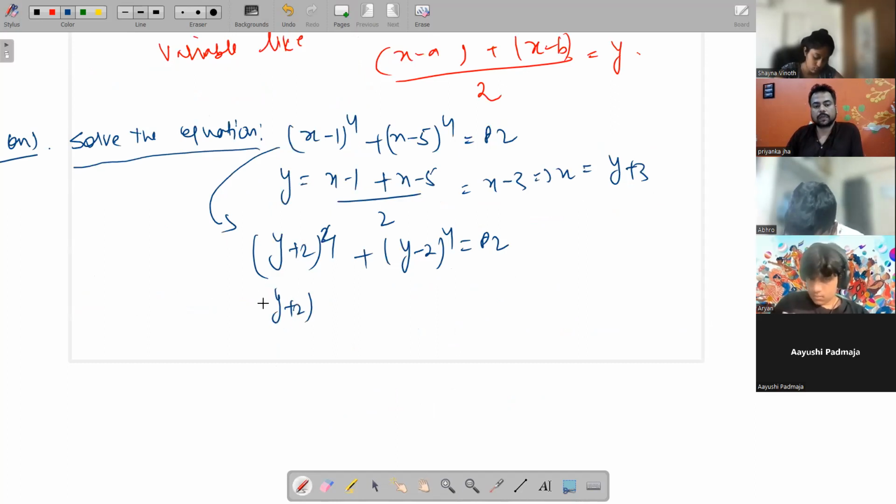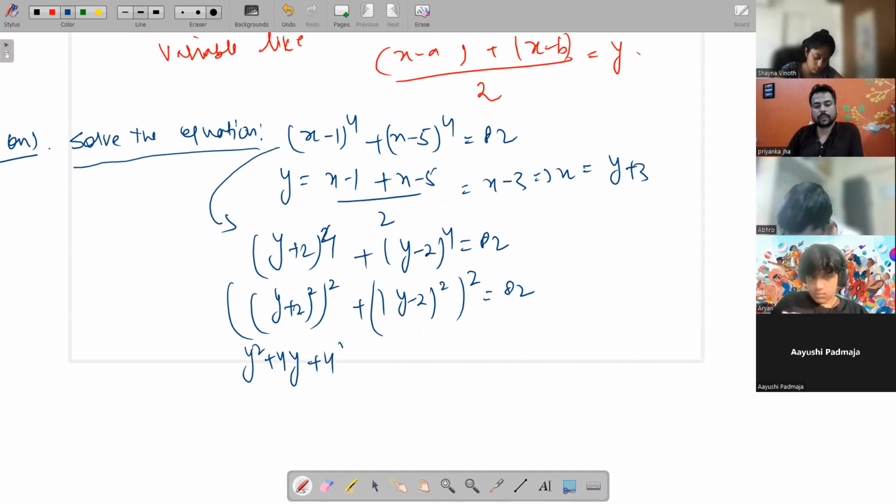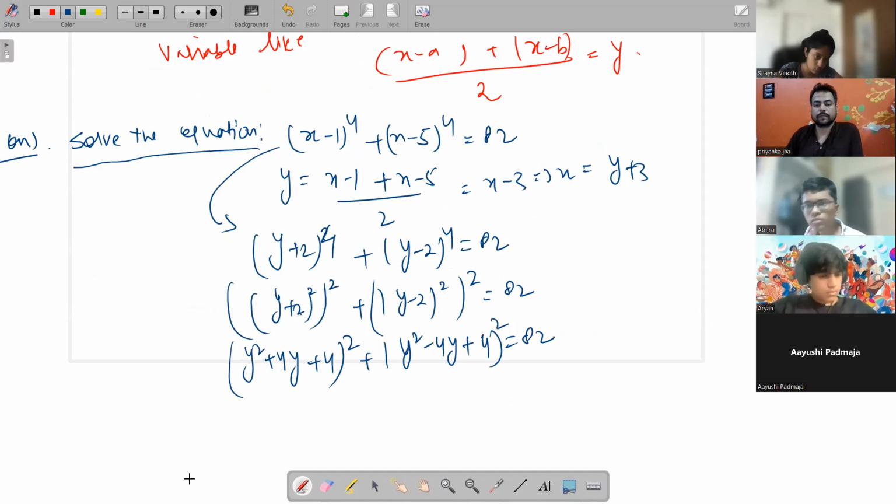So like this, y plus 2 whole square plus y minus 2 whole square equal to 82. a plus b whole square, that is a square plus 2ab plus b square. Now you can see that you got this thing.